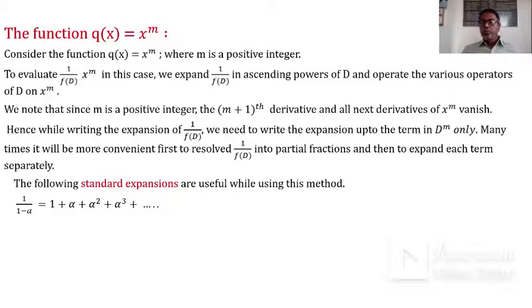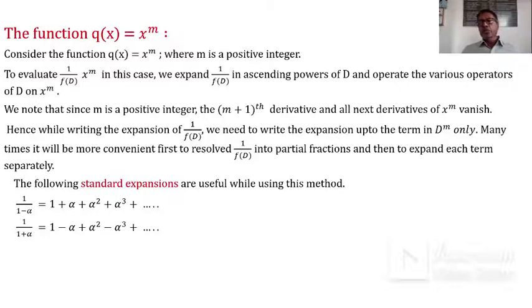We have already seen these expansions in the FYBSc class. 1 upon (1 minus alpha) is equal to 1 plus alpha plus alpha square plus alpha cube plus and so on. Next, 1 upon (1 plus alpha) is equal to 1 minus alpha plus alpha square minus alpha cube plus and so on.